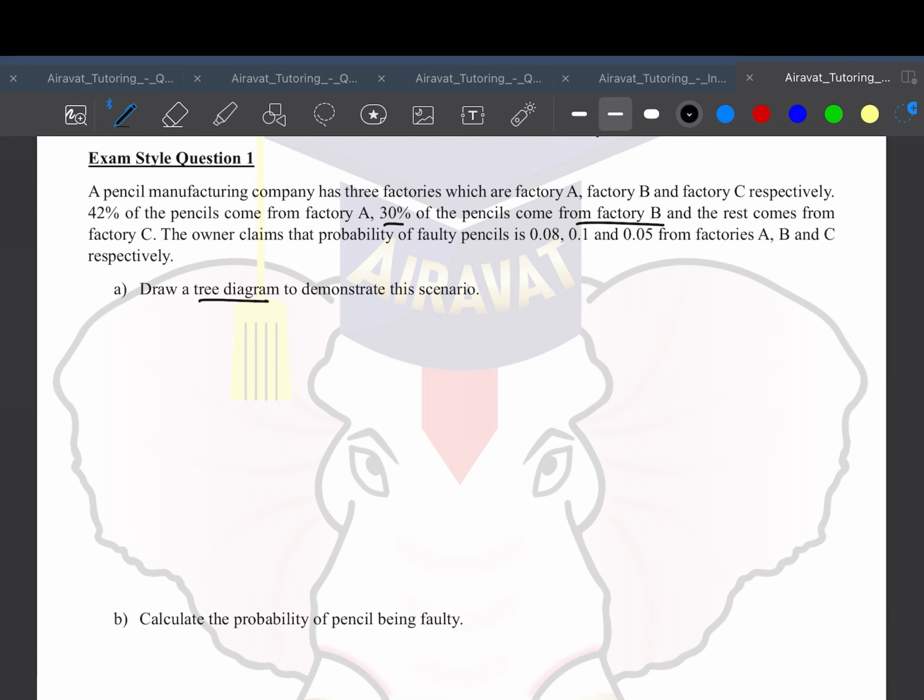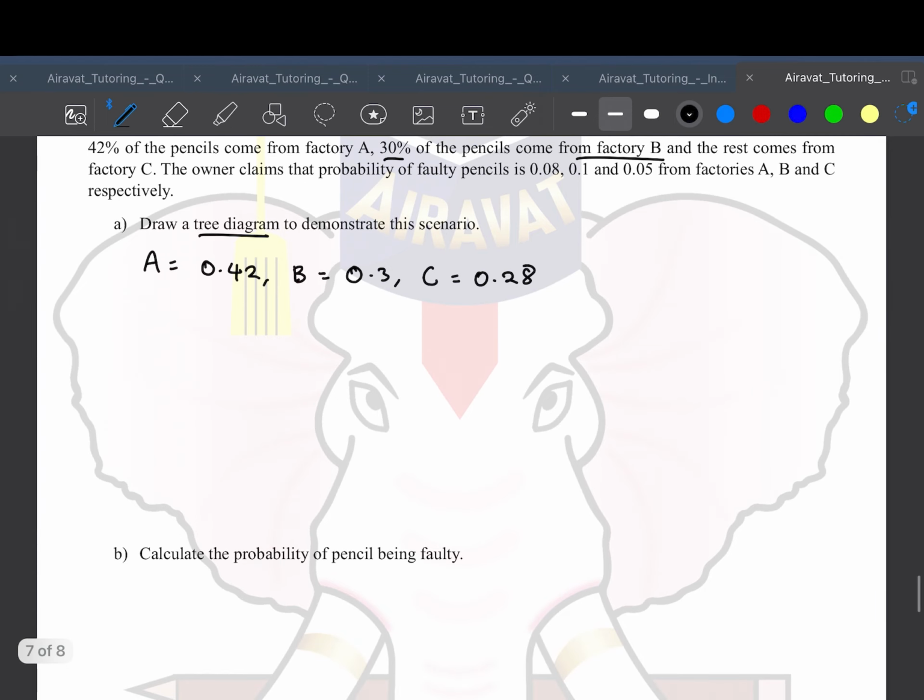So let's quickly jot down some numbers. The probability that the pencil is made from factory A is going to be 0.42, from factory B 0.3, and from factory C 0.28. So let's quickly draw a tree diagram. A, B and C, A, B and C. The probability that a pencil is made in factory A is 0.42, from B is 0.3, and from C is 0.28.